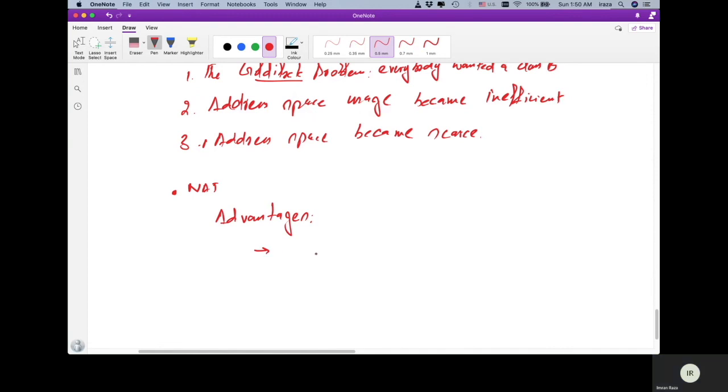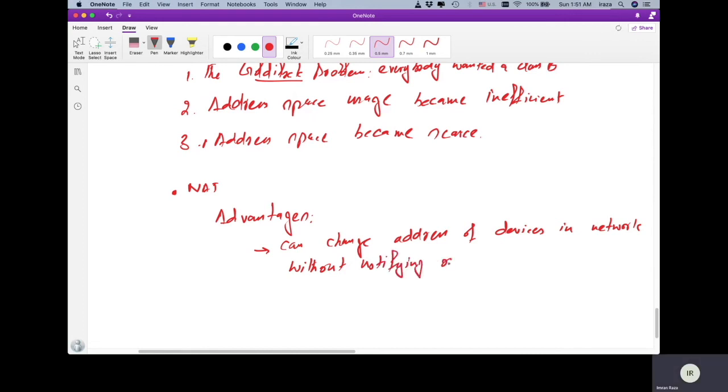So we can change the address of devices in the network without notifying the outside world.